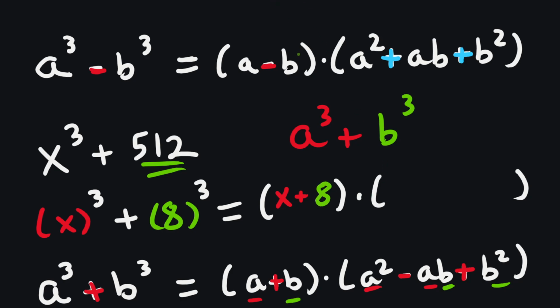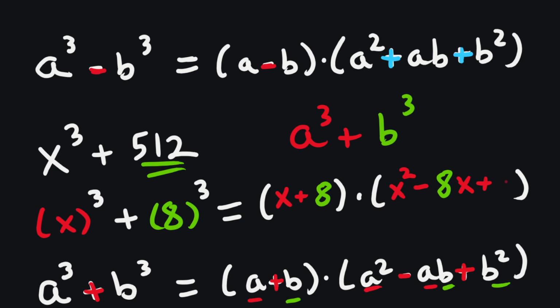times a squared. So what's a again? That's x. So x squared minus a times b. So x times 8. And that can also be rewritten as 8x. So 8x plus b squared.